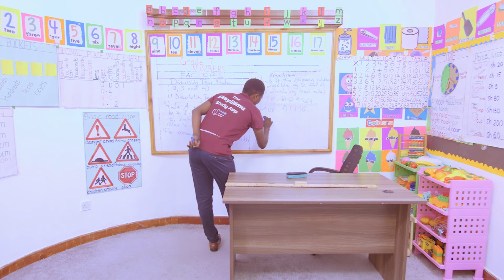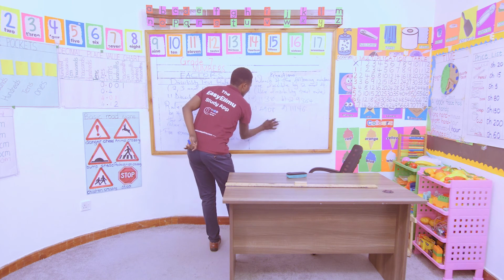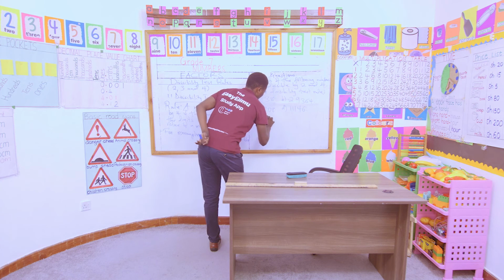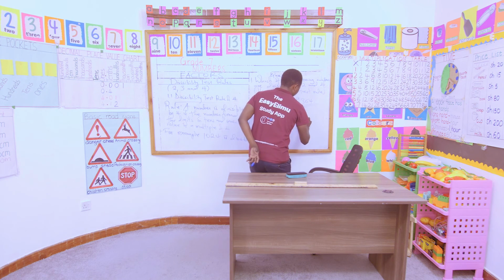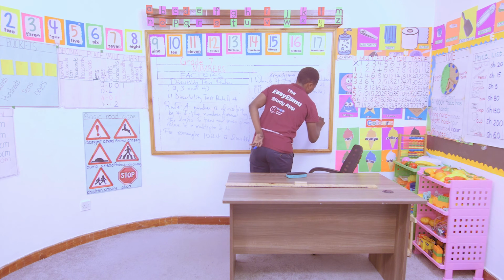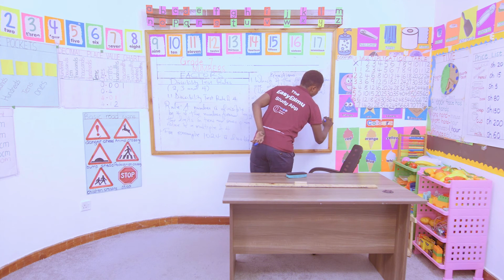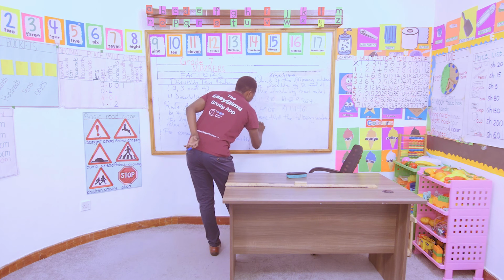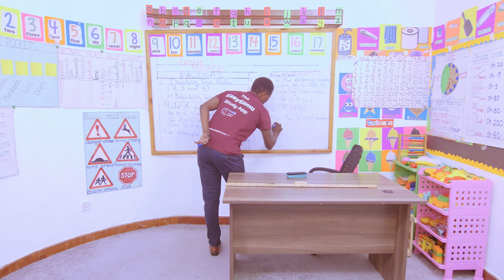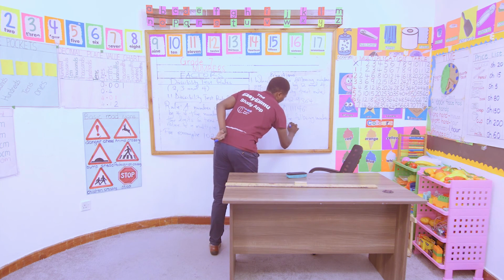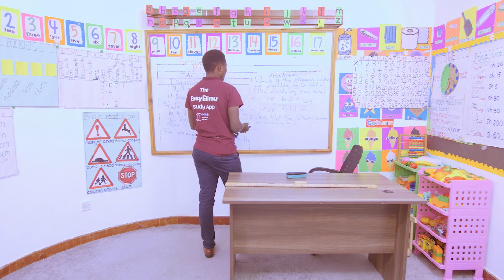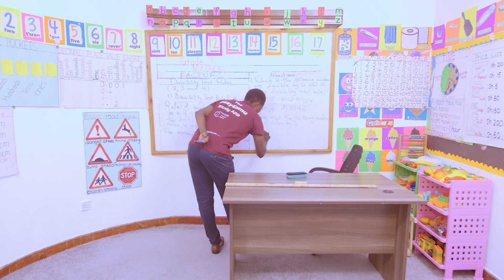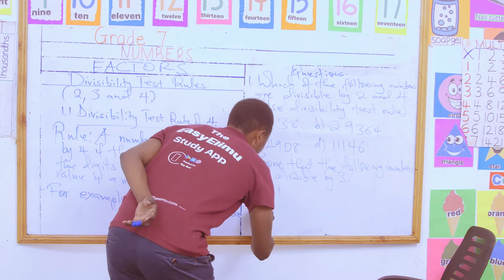And number 2, show or prove that the following numbers are divisible by 3. Part A, we have 111.